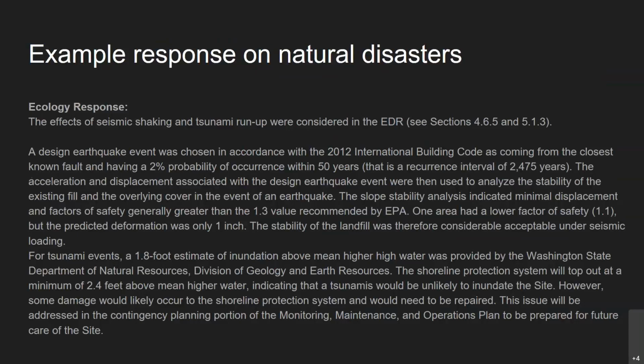In this example, you have a fairly detailed response back based upon studies. There are foot measurements of height involved.